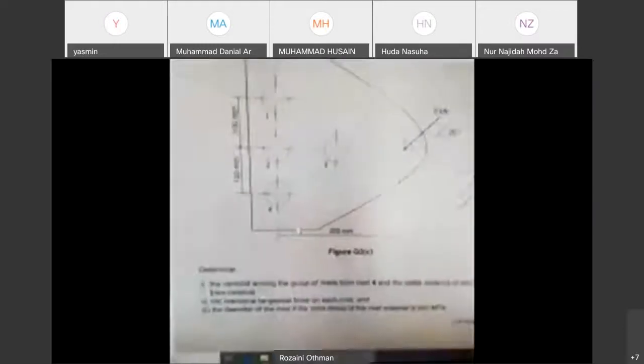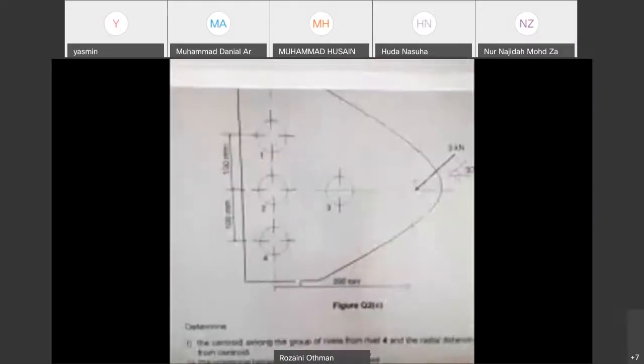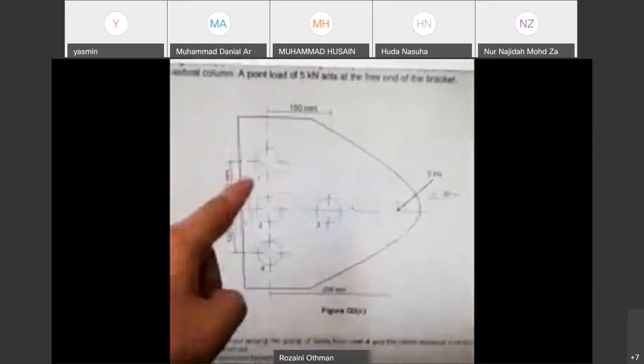Okay, so basically, when you have this question, the first thing that you need to determine is the centroid of the group of rivets. So we need to find the centroid, right?